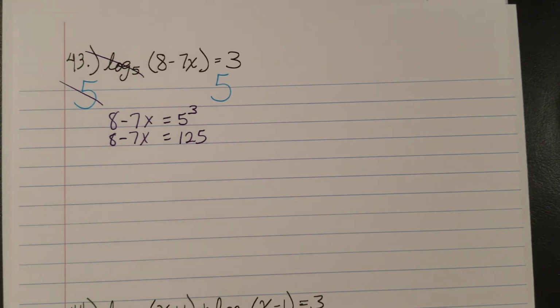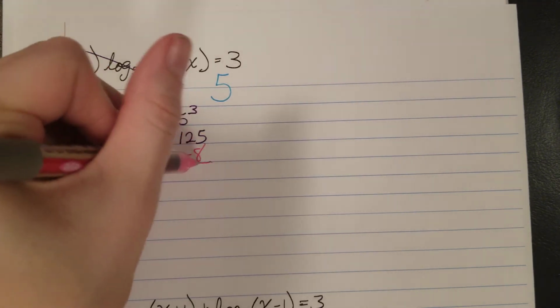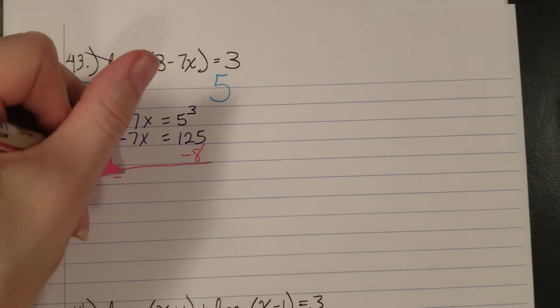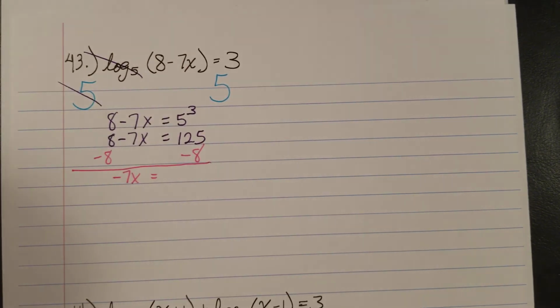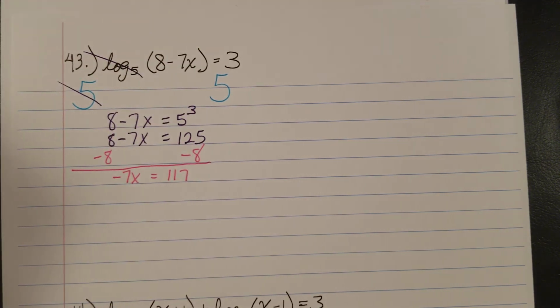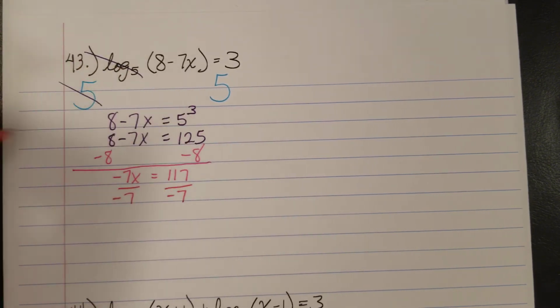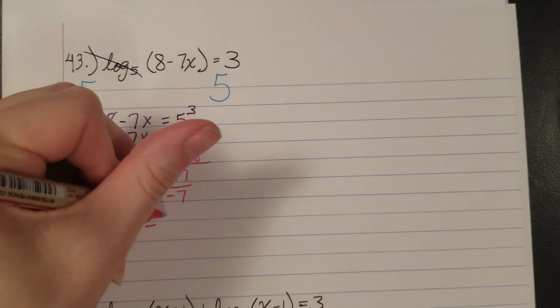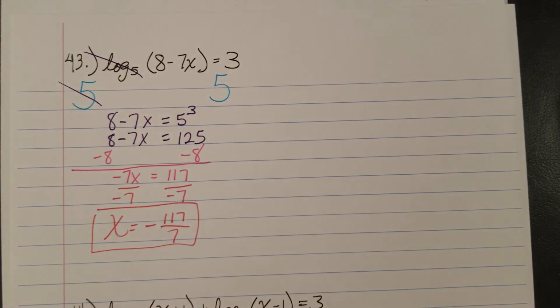And then I would just subtract 8 from both sides. So that would give me negative 7x equals 117. All right, and then divide both sides by negative 7. So that won't go in evenly. So x is equal to negative 117 over 7.